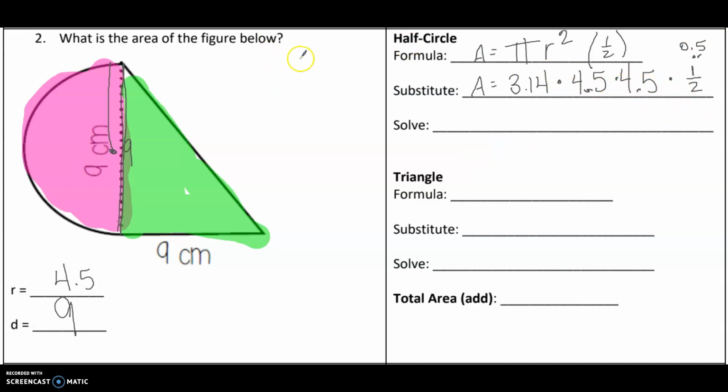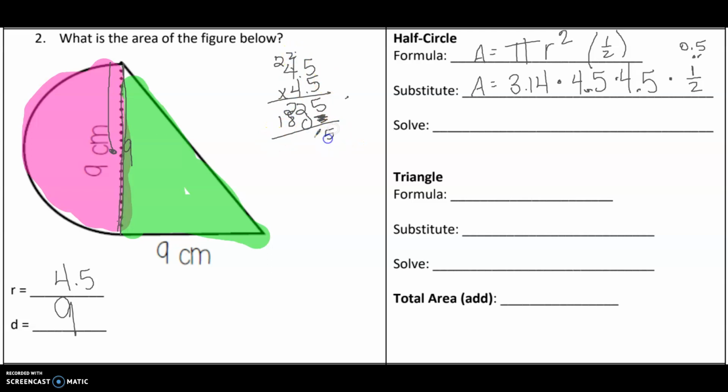So solving, let's see, 4.5 times 4.5. Let's do that first. 5 times 5 is 25. 5 times 4 is 20, so 22. Leave a placeholder. 4 times 5 is 20. 4 times 4 is 16, 17, 18.